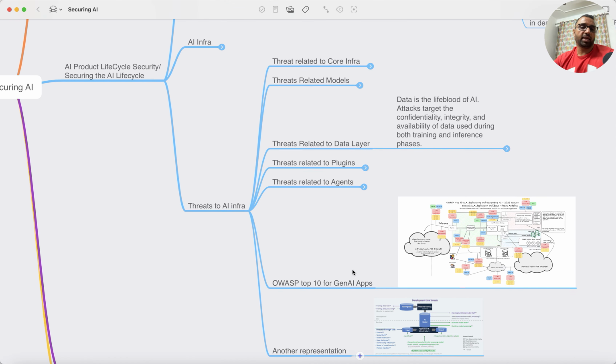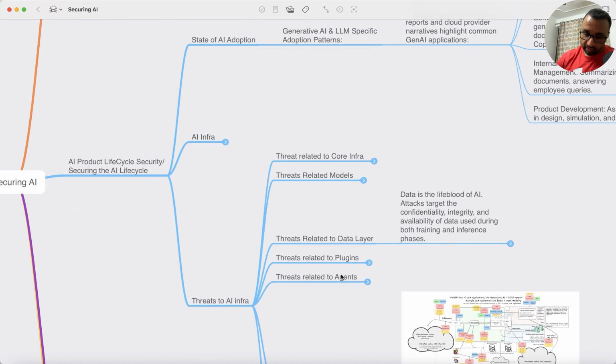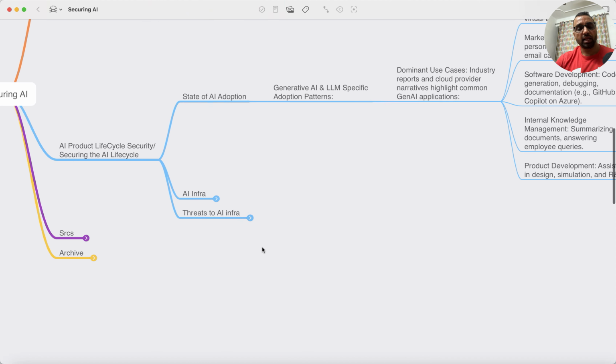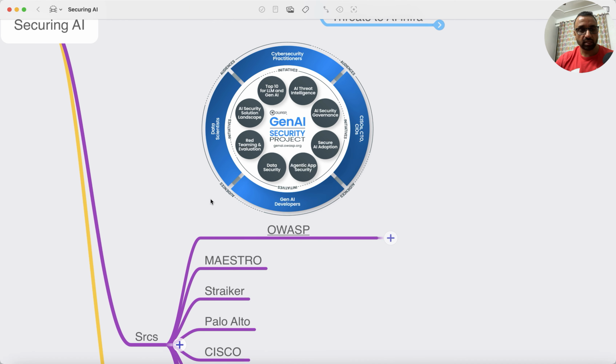So if I have to summarize, in this report we went through the various use cases of how AI is getting adopted. Then we went into the AI infrastructure components, and then we looked into threats of the AI infrastructure components, including the core infra, the models, the data layer, plugins, agents, etc. My sources have been the OWASP documentation, which includes multiple documents like Top 10 for LLM and Gen AI, AI security governance, secure AI adoption, red teaming and evaluation, AI security landscape, agentic AI app security.